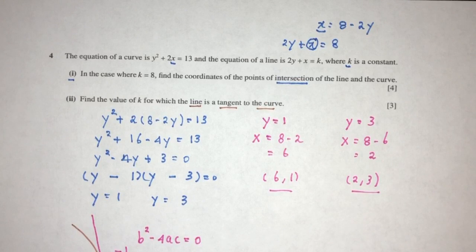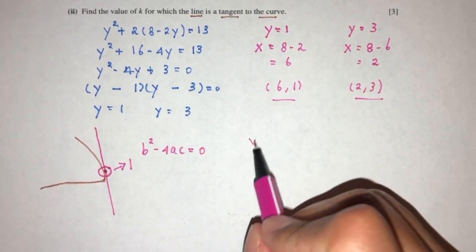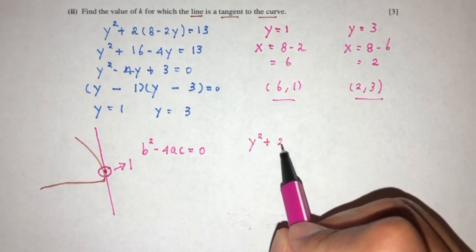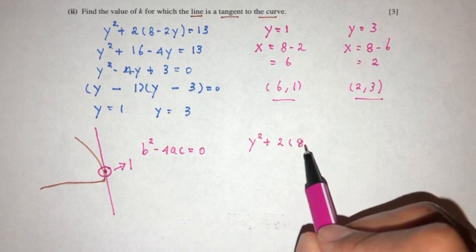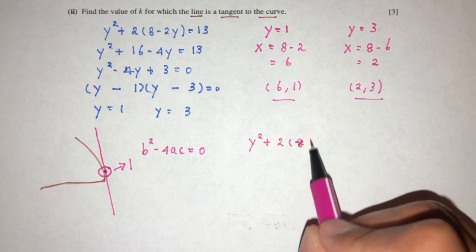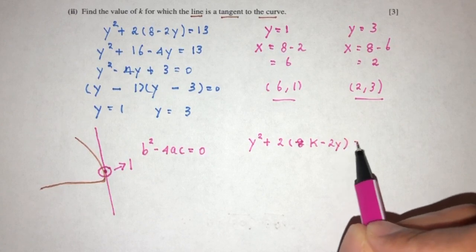Equation number 2, again, solve simultaneously. You will have y squared plus 2 times, it's not 8, sorry, here we have k minus 2y, equal to 13.